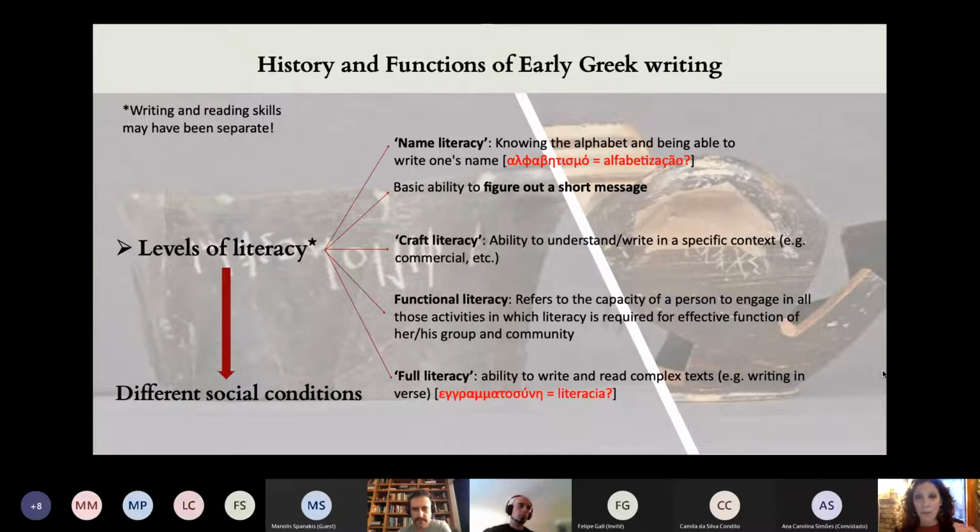Anyway, it's very interesting to have this distinction, because it does mean that you can look at the epigraphy without assuming that every piece of evidence is something only a fully literate person could do.